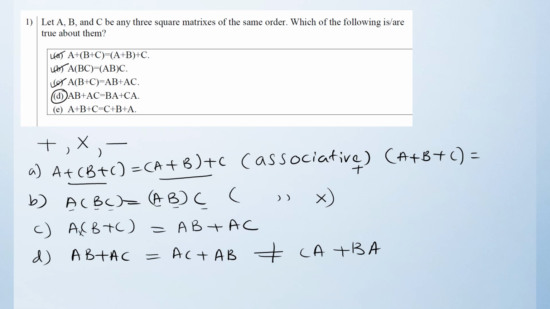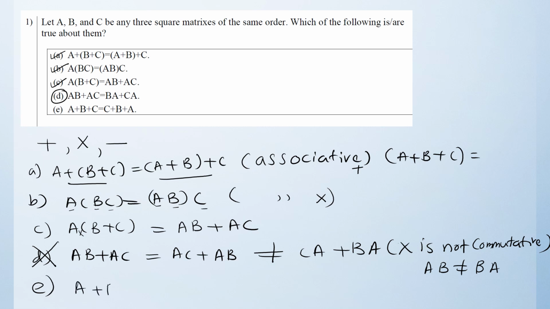Since multiplication is not commutative, that means AB does not usually equal BA. So D is incorrect. E, as I told you before, addition is commutative but not multiplication.